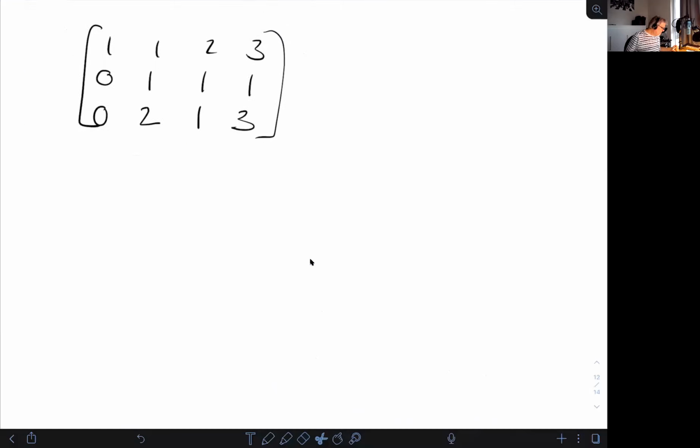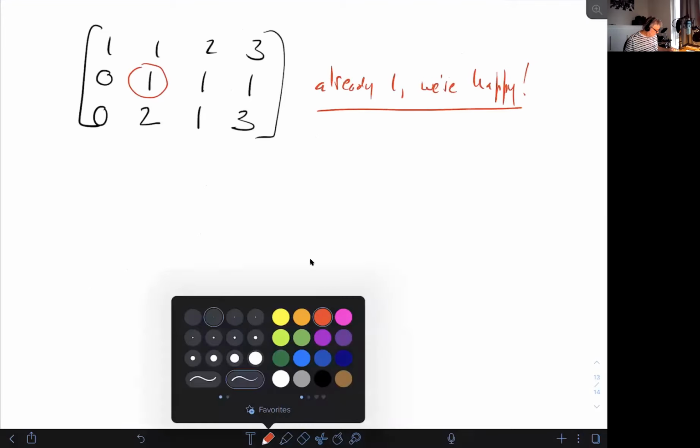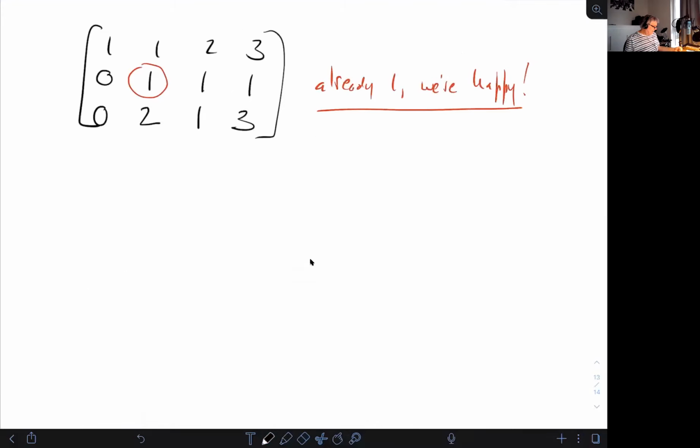It's already 1. We're happy. These examples are a bit simpler, in fact, than a more general example would be. So all I need to do now is take -2 row 2 and add that to row 3.